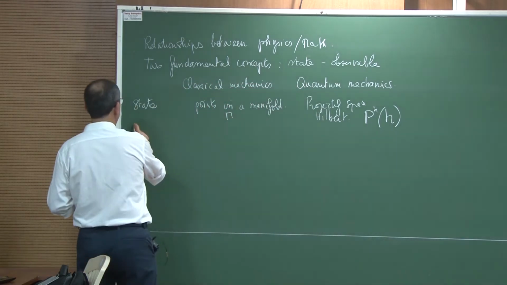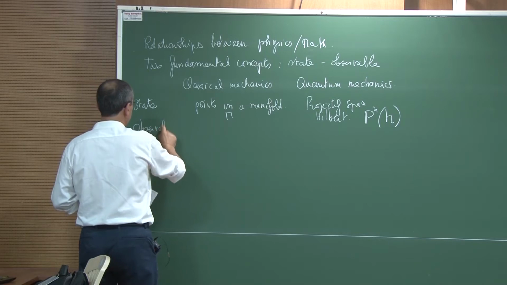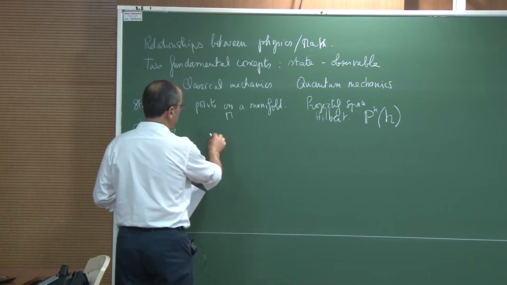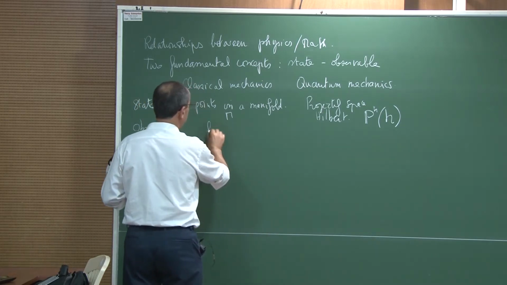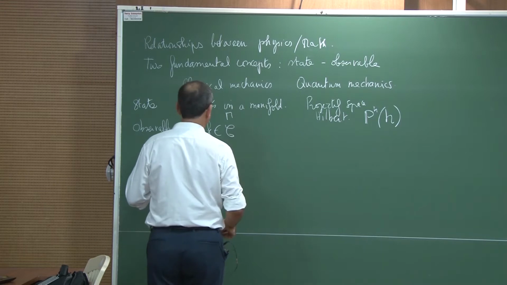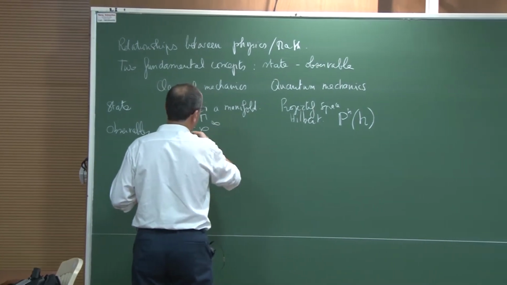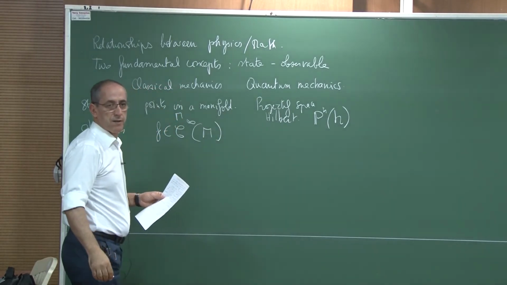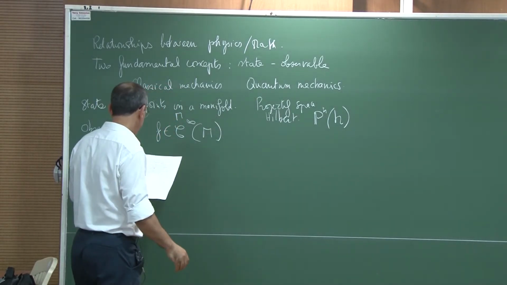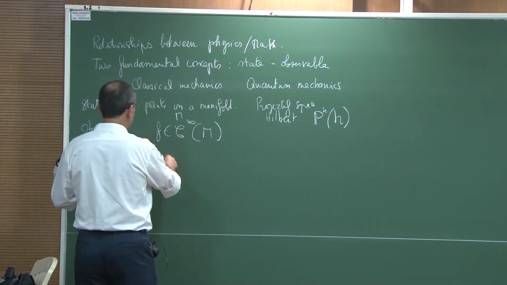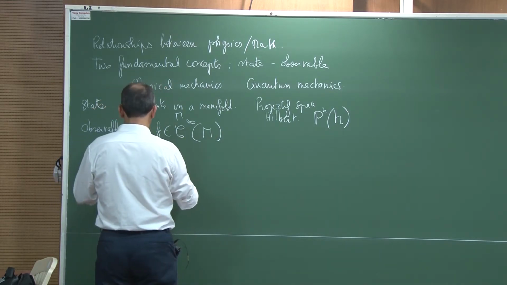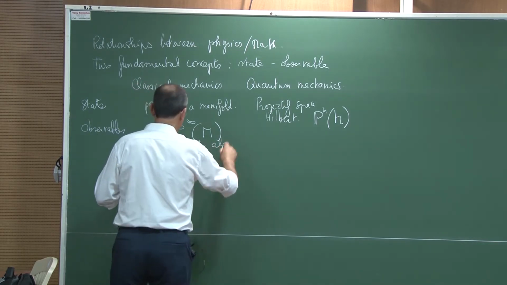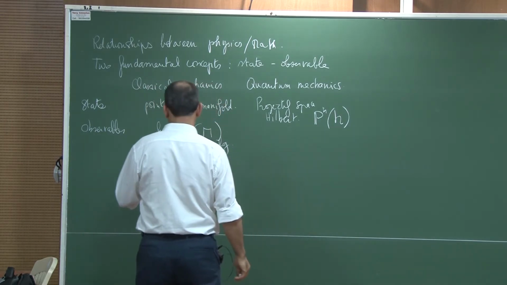And what are observables here? Observables for classical mechanics are functions in the space of functions over the manifold M. And this space has a structure of commutative algebra, associative commutative algebra.